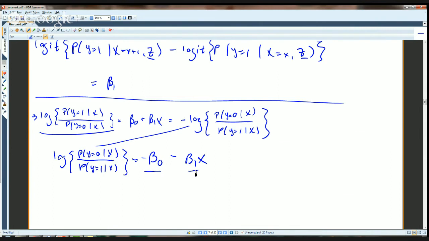It would be a major failing of the model if that weren't the case. We see why it has to be: the log odds considering 1 a success is the negative of the log odds considering 0 a success. So the coefficients, if I treat 1 as a success, should be the negative of the coefficients if I treat 0 as a success. That's actually a pretty thorough hint to question 3, I should say.